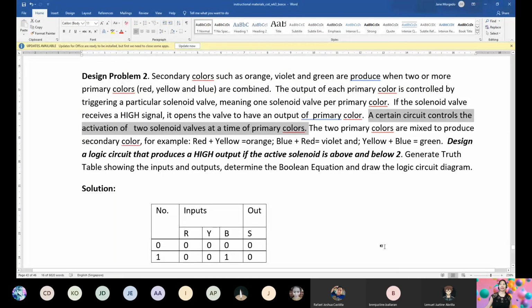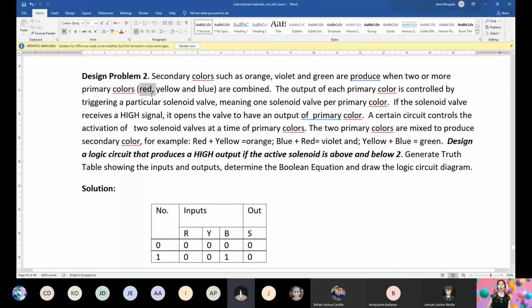Basahin ulit natin, ha? Secondary colors such as orange, violet, and green are produced when 2 or more primary colors are combined. Imagine niyo, ilan yung tangke natin? 3. Okay, tama.